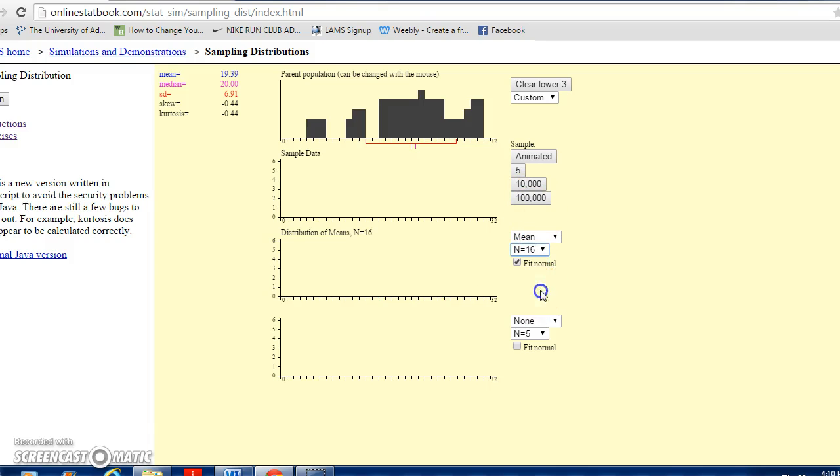But then if I go up to somewhere like 16, so I'm taking 16 different measurements from my population, then finding the mean, for 10,000 different samples, you will notice that the spread of our histogram has decreased quite dramatically. And then if I increase that to 25, the spread of our histogram for sample sizes of 25 has reduced as well.